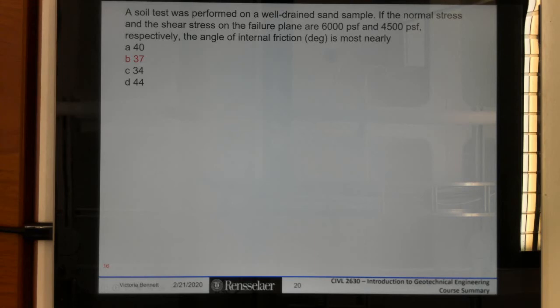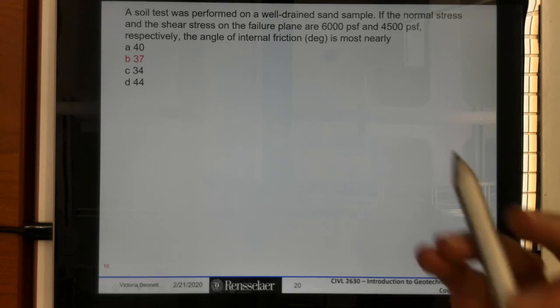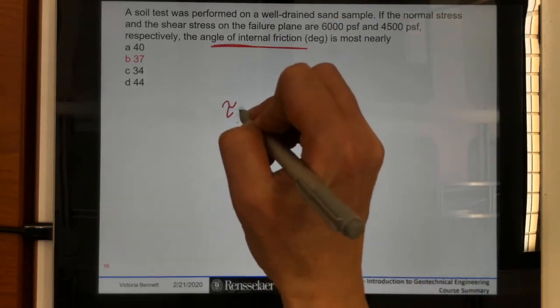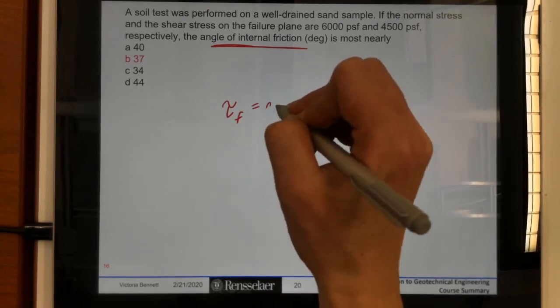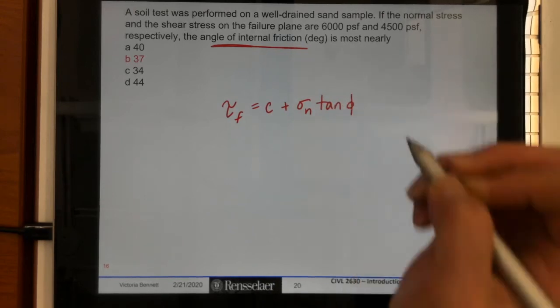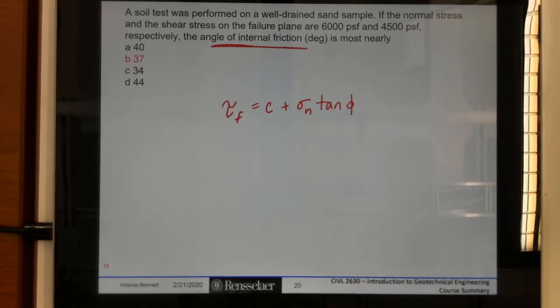So here's a type of question that we might expect as it relates to, again, finding the angle of internal friction. What are we looking for in our reference manual to be able to get to an angle of internal friction? We're looking at the Mohr-Coulomb failure criteria, which is that the shear stress is equal to the cohesion plus the normal stress times the tangent of the angle of internal friction.